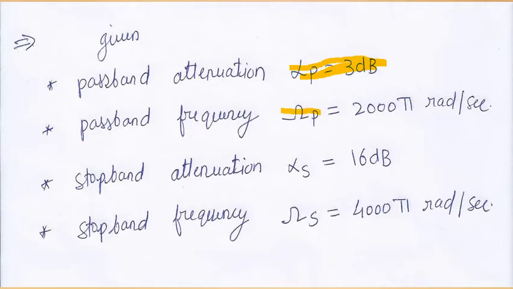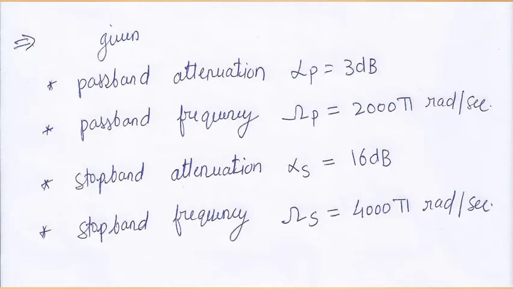So first we have noted down the specifications for passband, that is the passband attenuation alpha p, which equals 3 dB, and passband frequency omega p, which equals 2000 pi radian per second.